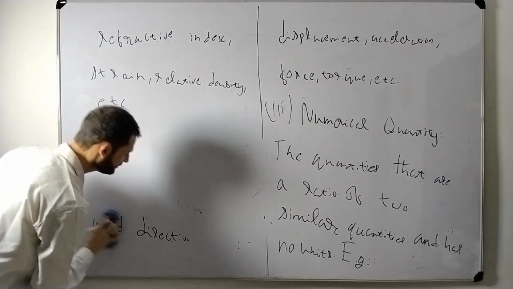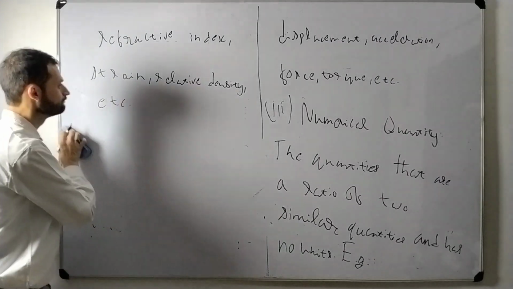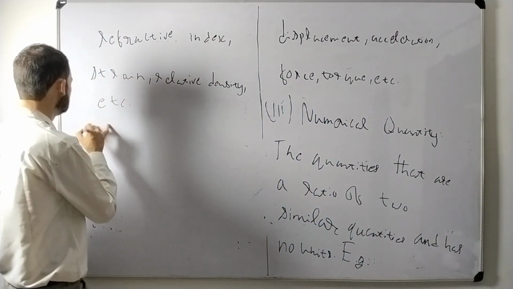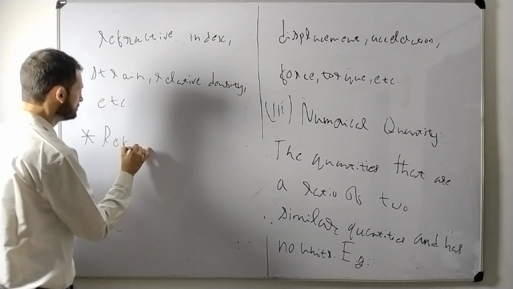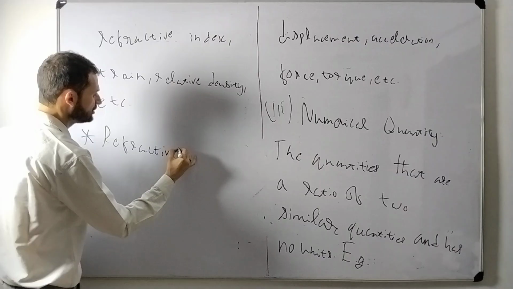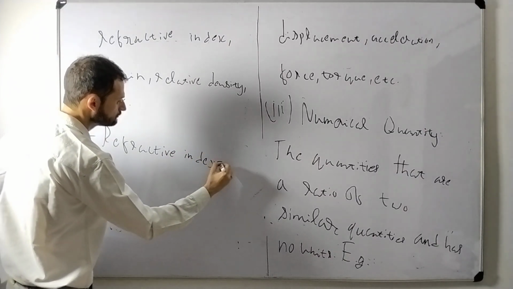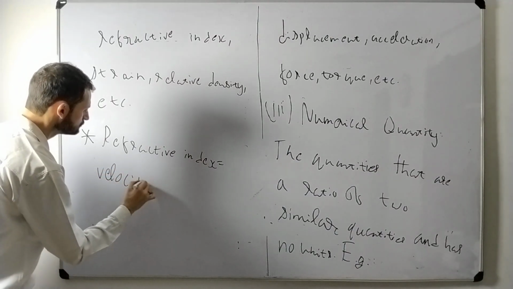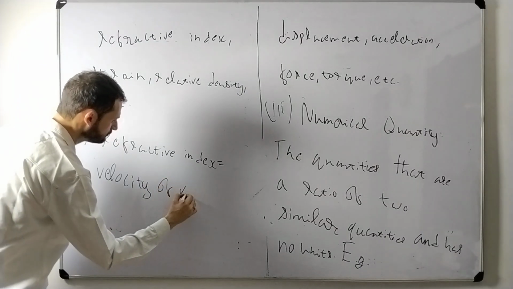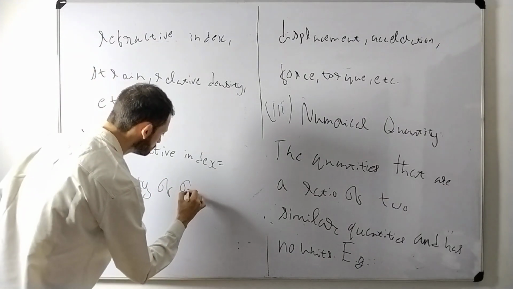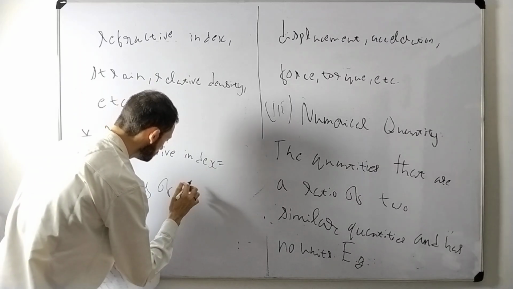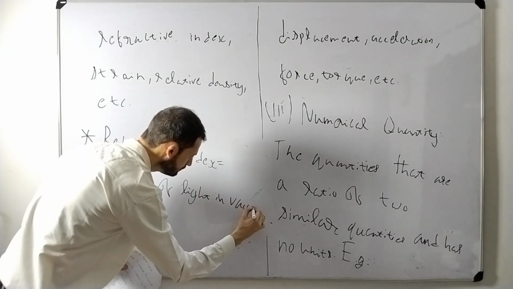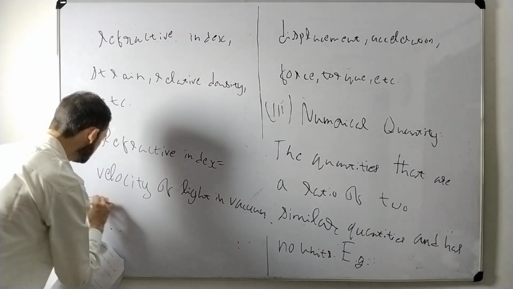So let me explain one for you. Refractive index is what, students? The velocity of light in vacuum upon the velocity of light in medium.